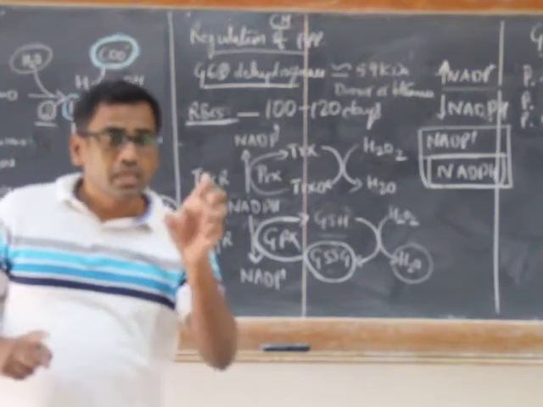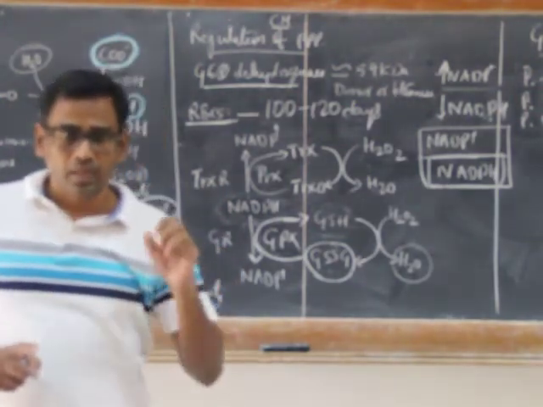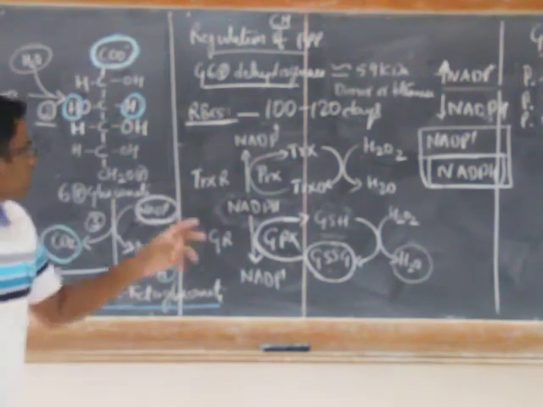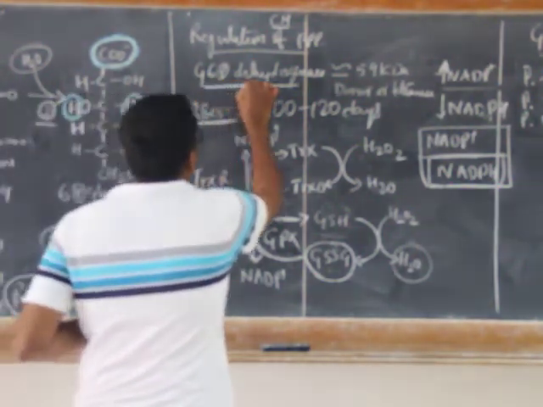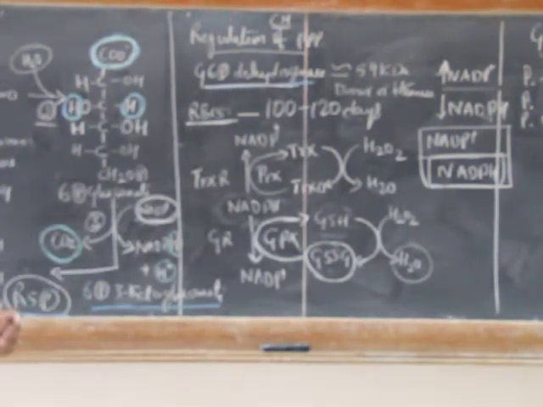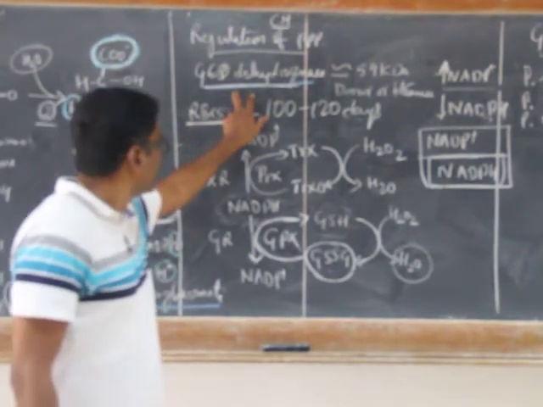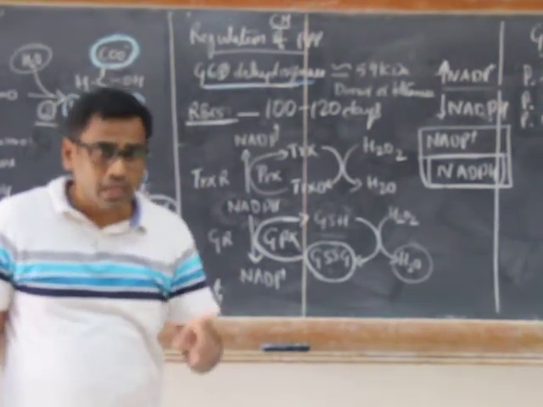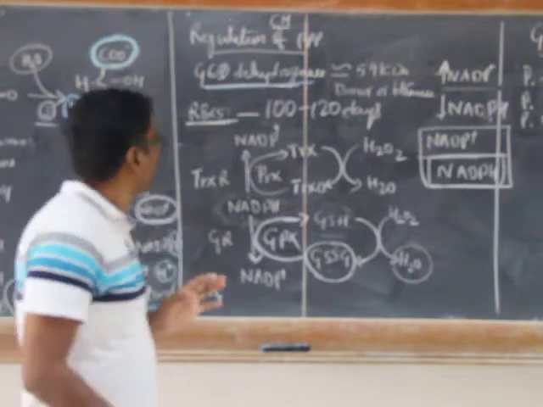That is strictly irreversible reaction. So in this pathway, the rate limiting step is catalyzed by the enzyme, glucose 6-phosphate dehydrogenase. This enzyme catalyzes the irreversible reaction, which is a rate limiting reaction.